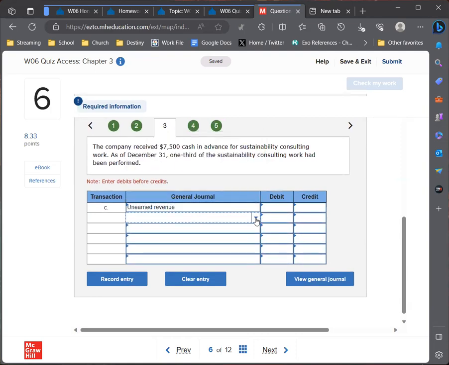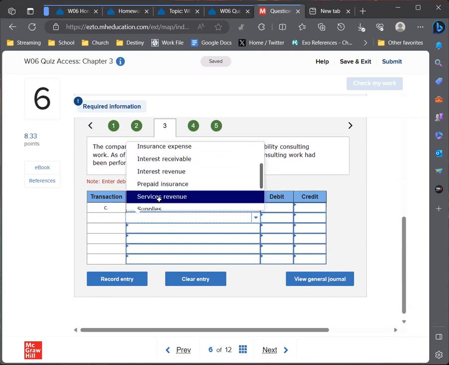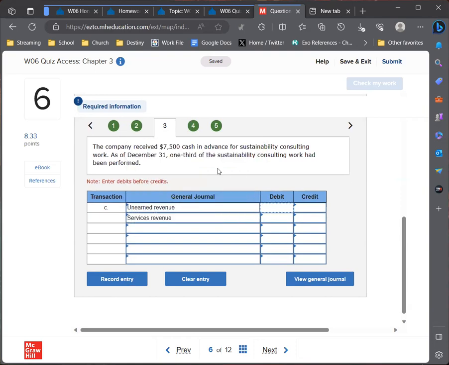Revenue and then service revenue. Now what you want to do is divide 7,500, or whatever amount that you have, by 1/3. For me, it's 2,500. It may be different for you. Those would be in there, both in there. The only way that you could get this wrong is if you divided the wrong way, or you didn't divide at all.